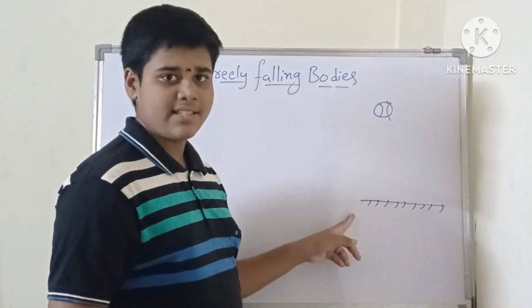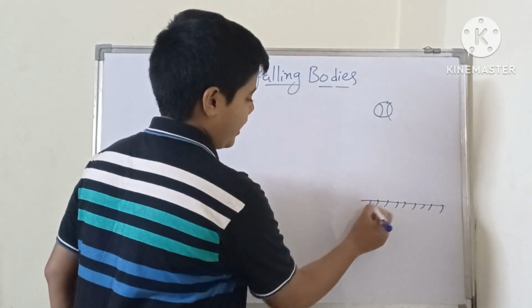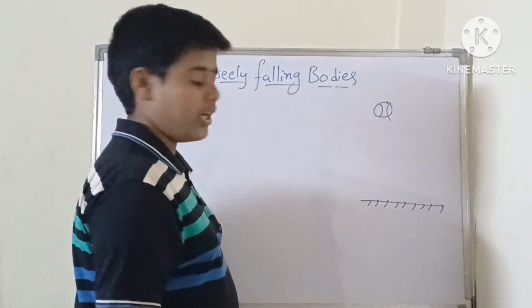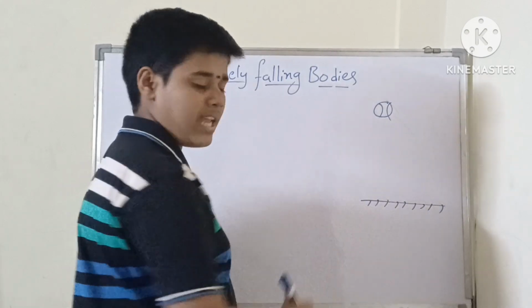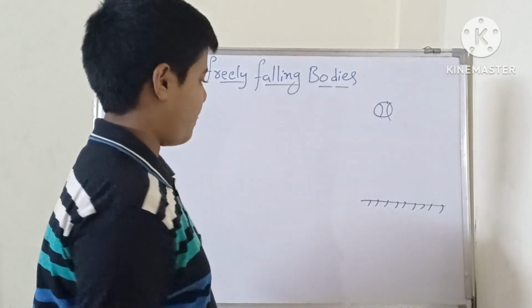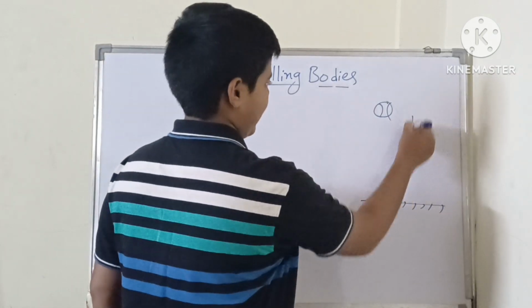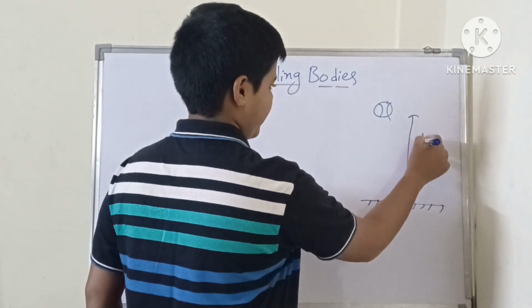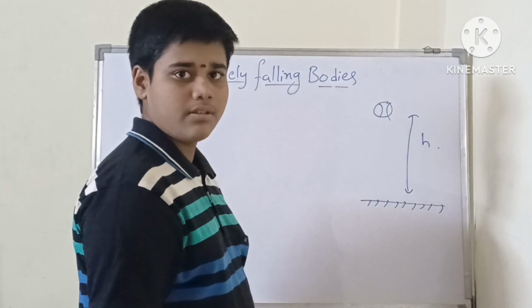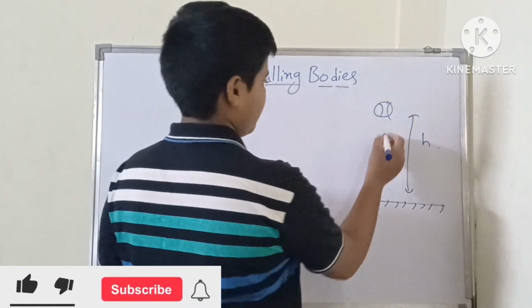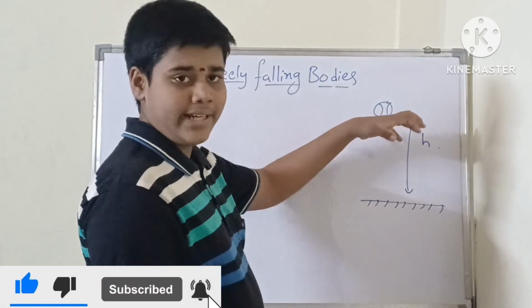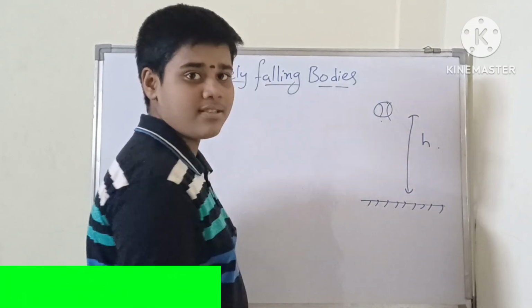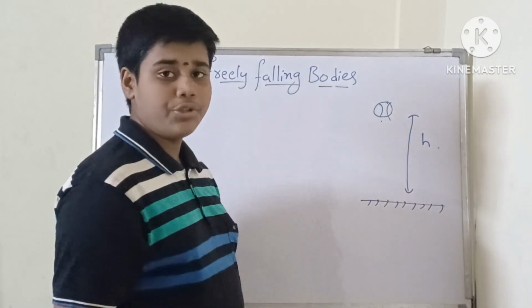I am taking this as the ground, so that is not a matter. So we can take it as a ground. Okay, so this is the ground, and at a certain height, h. If I release this ball at a certain height, it experiences acceleration due to gravity.